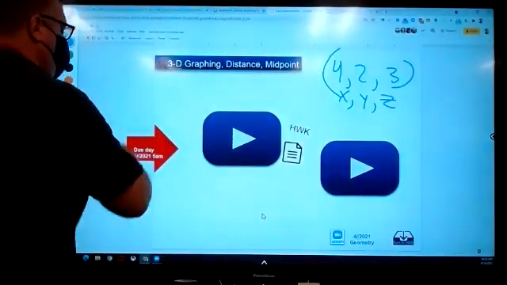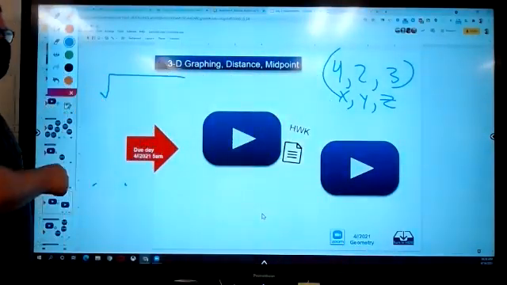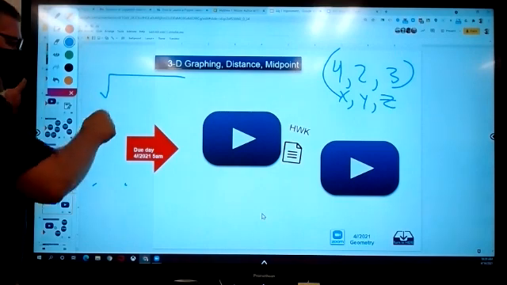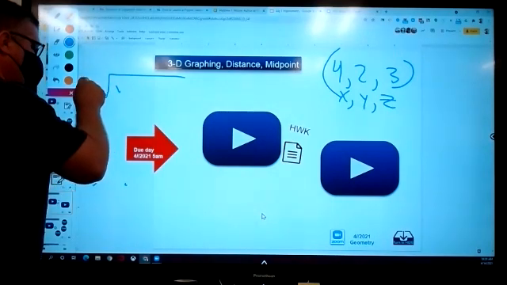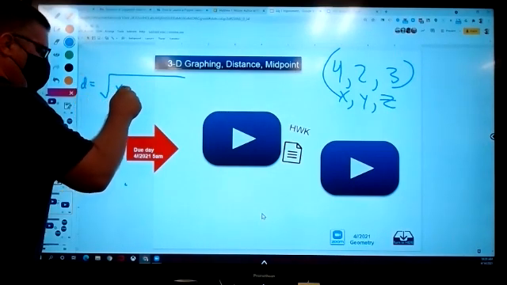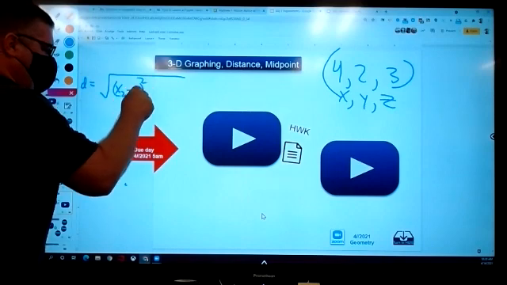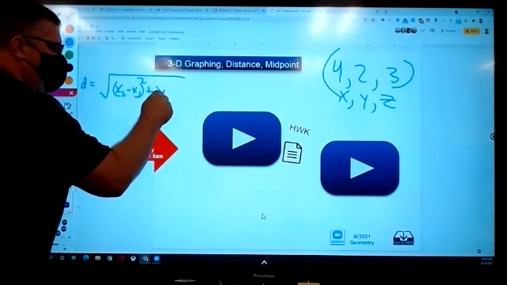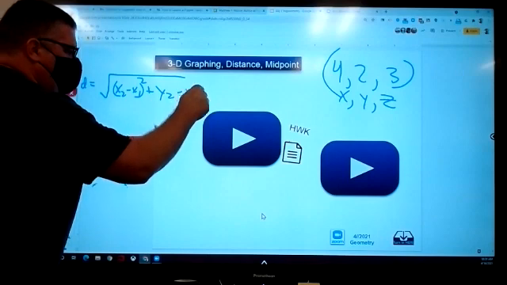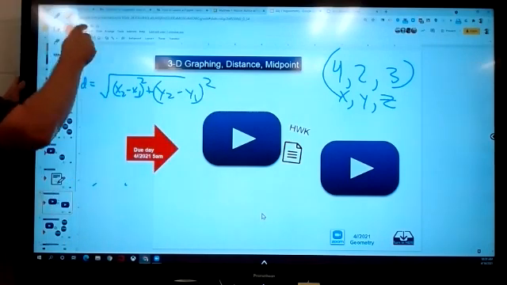Now, what is the normal distance formula we're familiar with? d equals the square root of (x2 minus x1) squared plus (y2 minus y1) squared. Okay, so here's the 3D version.